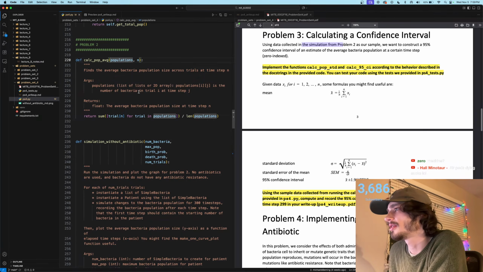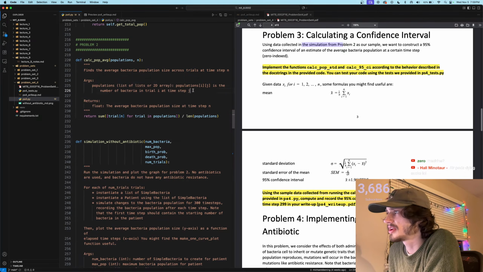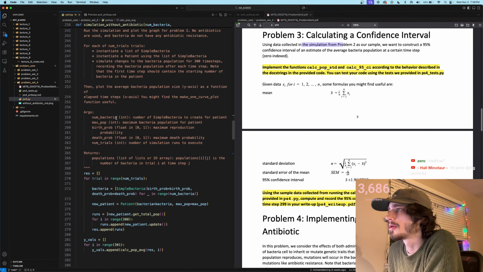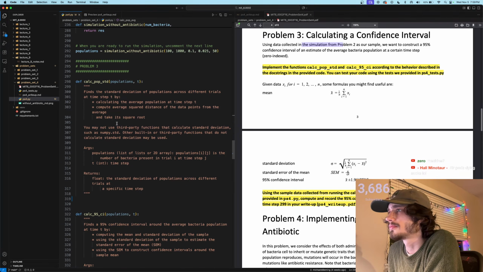So every row is a trial, and j is a time step within said trial. Okay, so we have populations here, which is that 2D array, across different trials at time step t.